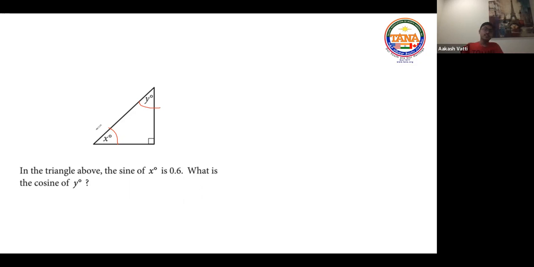Because again, sine of something here is opposite over hypotenuse for this guy, and that's the same thing as adjacent over hypotenuse for this guy. So the answer is 0.6. All right, any questions? No? All right.